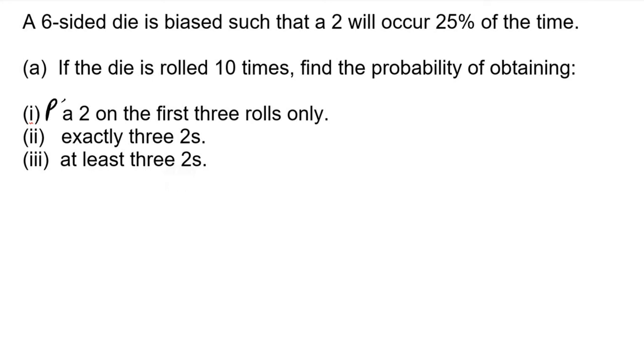This probability is simply the probability of getting a 2 on the first roll, multiplied by a 2 on the second roll, multiplied by a 2 on the third roll. Now that can all be simplified to 0.25 cubed, multiplied by the probability of getting something other than a 2, which is 3/4, and that's on the next 7 rolls.